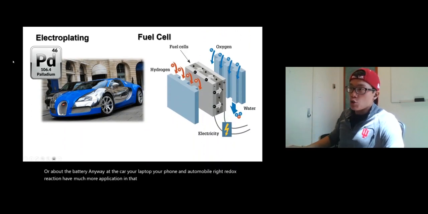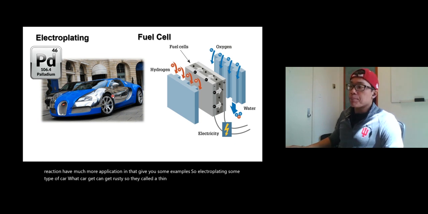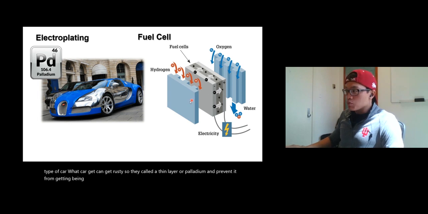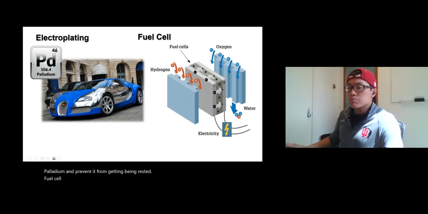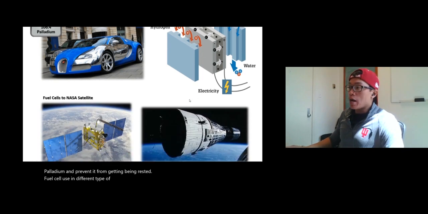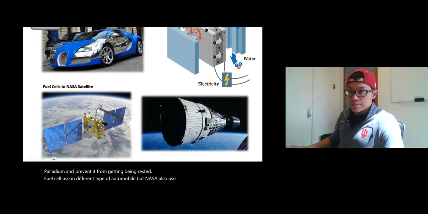Let me give you some examples. So electroplating, some types of cars can get rusty, so they coat a thin layer of palladium and prevent them from rusting. Okay. Fuel cells are used in different types of automobiles, but NASA also uses fuel cells in satellites.